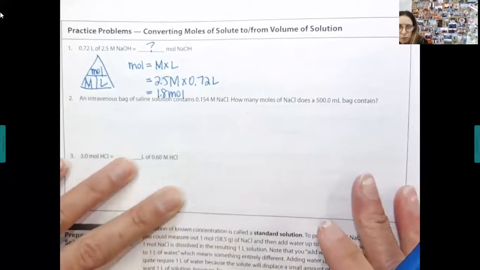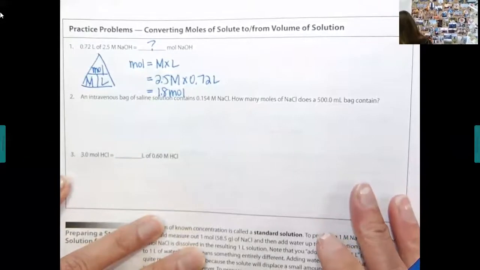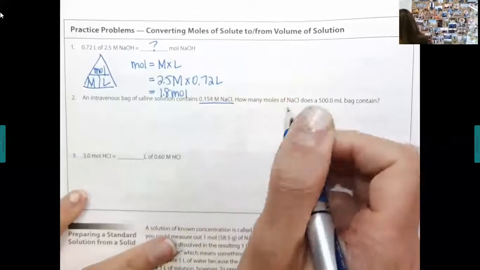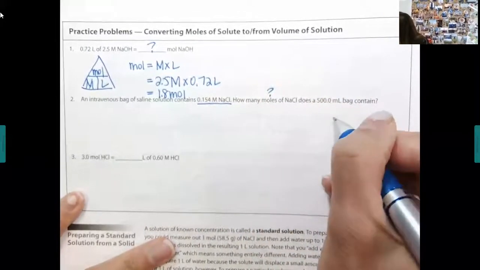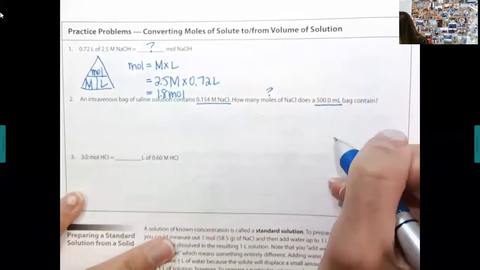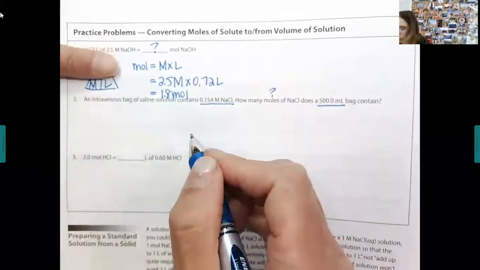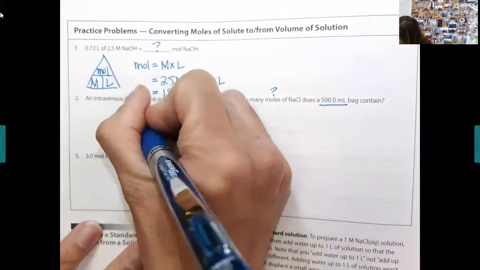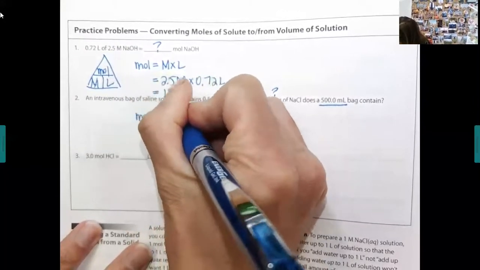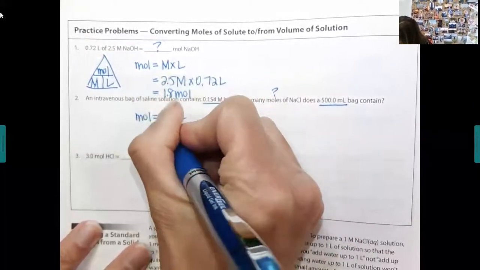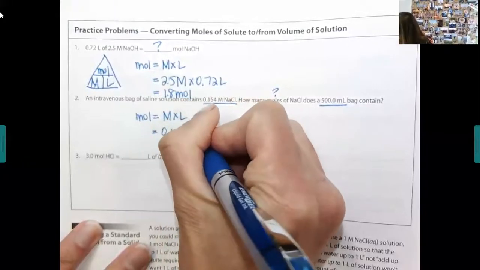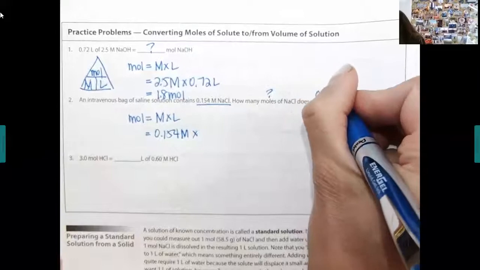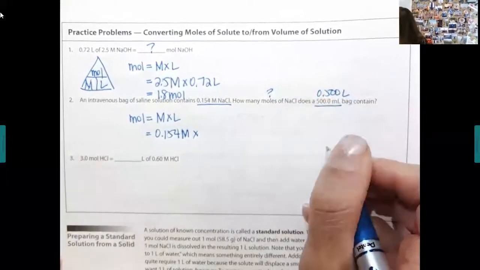For number 2, an IV bag of saline contains 0.154 molar NaCl. How many moles of NaCl does 500 milliliters contain? Cover up the moles in the molarity triangle, multiply molarity times liters. Take 0.154 molarity times, convert this to liters by moving the decimal over.